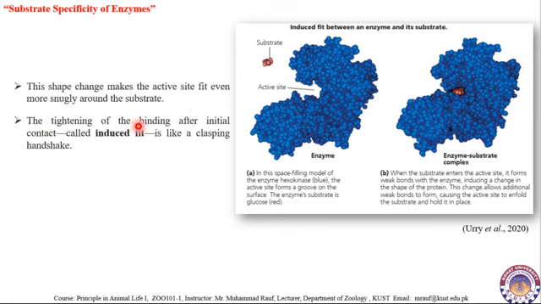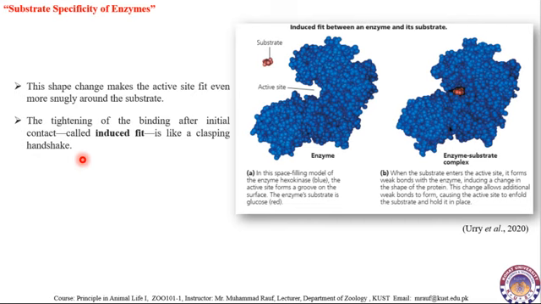The tightening of the binding after initial contact, called induced fit, is like a clasping handshake. For example, it's a very good example, like you shake hands with someone and then you hold their hand tightly in your palms.